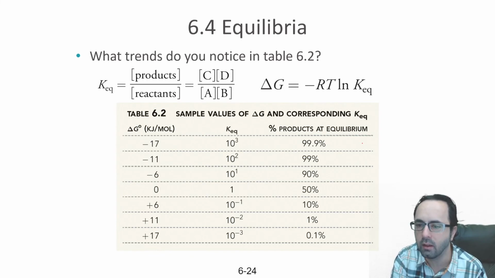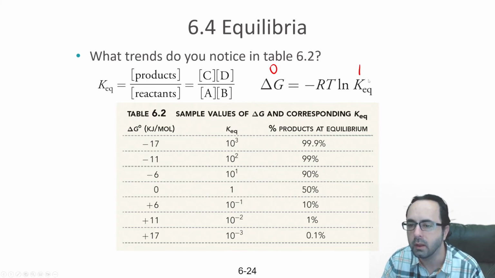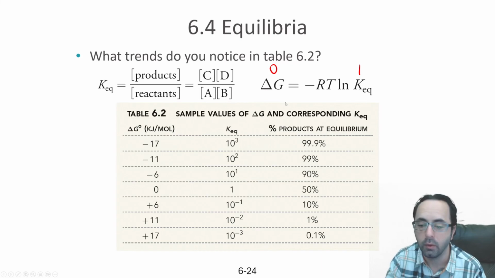Let's imagine a few situations. If delta G is 0, that means the equilibrium constant is 1, because the natural log of 1 is 0, and so that would give you a delta G of 0.